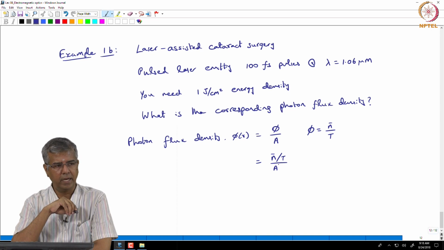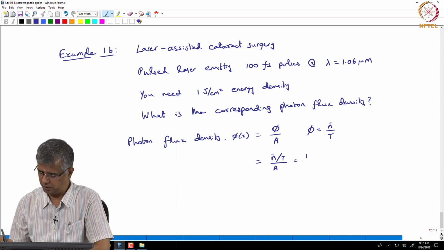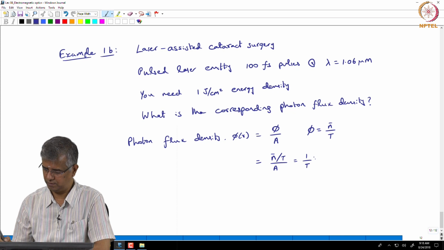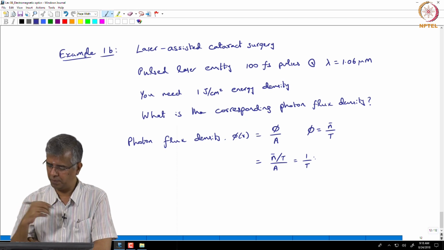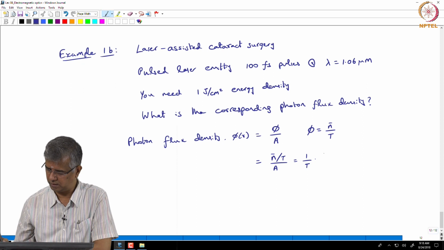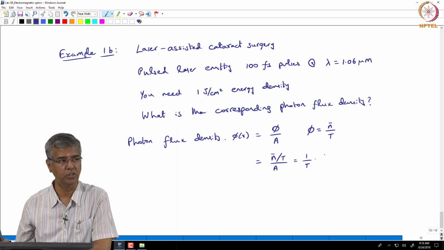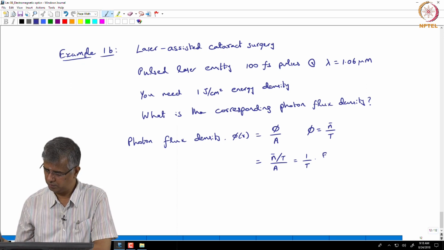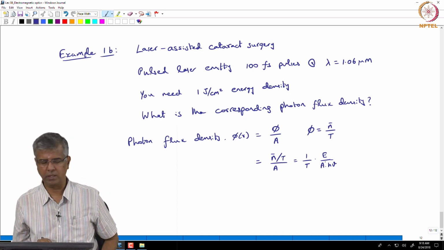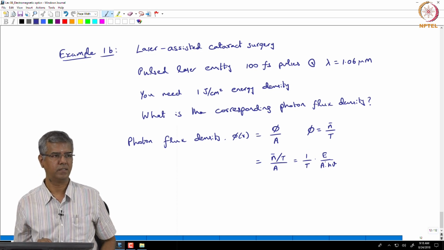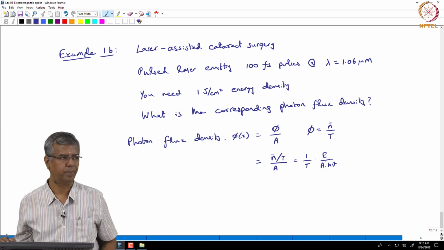But n bar over A, so I will keep 1 over T outside, right, and n bar over A can be expressed, n bar is in other words is basically E over h nu, right. So, you can write this as E over A times h nu, right. And what are you given? You are given energy density, which is E over A, right.